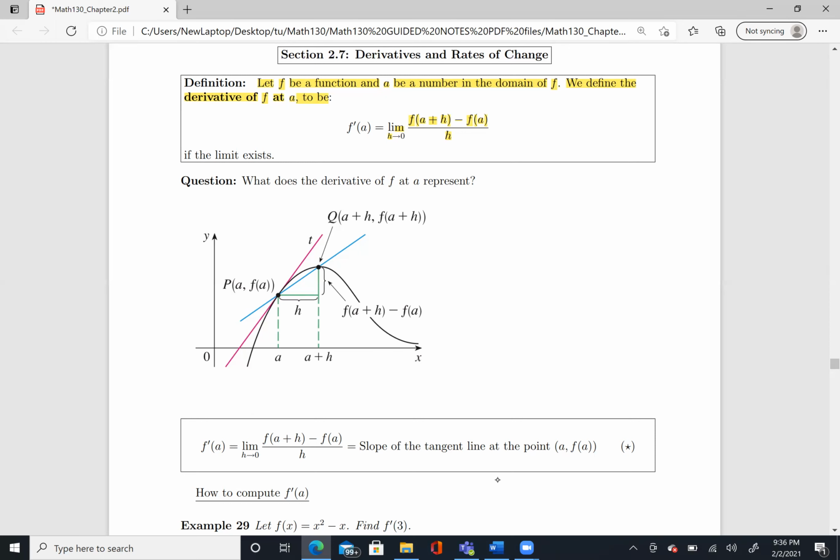Okay, so what does the derivative of f at a represent?